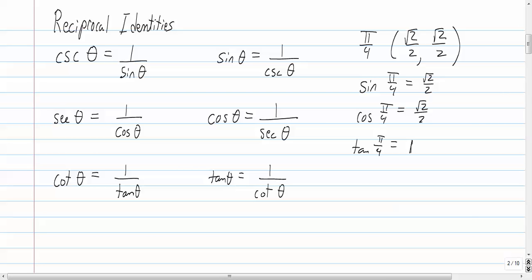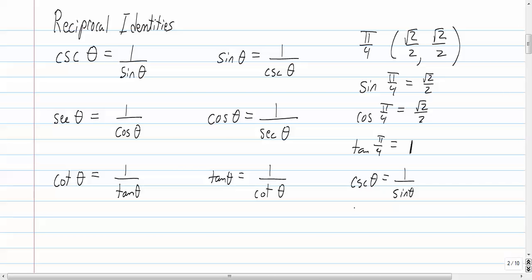Okay? And so if we just write those 3 down, now we could apply the reciprocal identities and get the values for cosecant, secant, and cotangent. So cosecant is equal to 1 over sine.